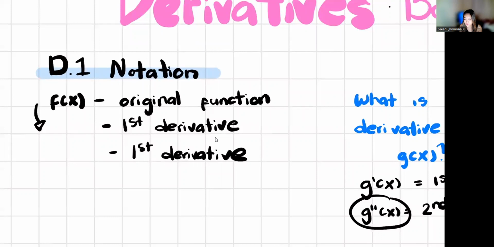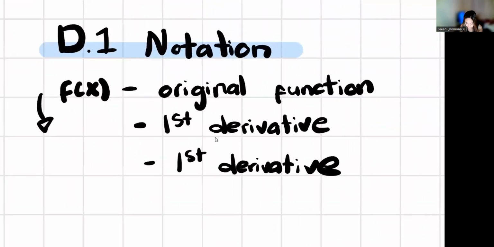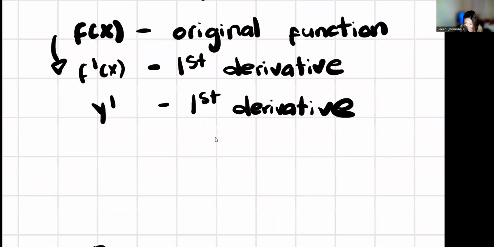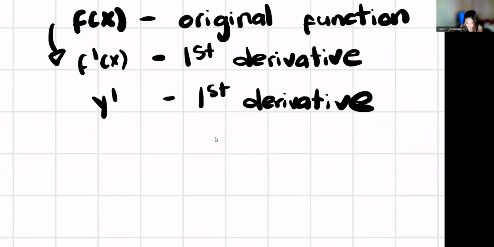And when they ask for the first derivative of f of x, it is written this way, f prime of x. It can also be asked as y prime. And keep in mind, it could also be asked in different variables.